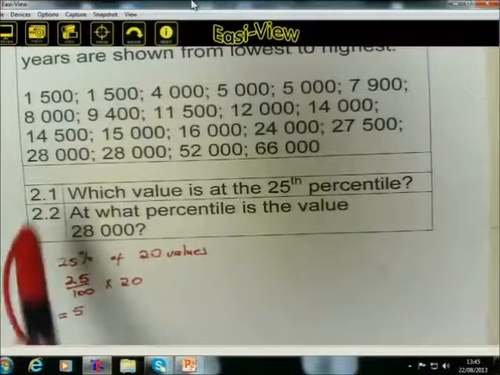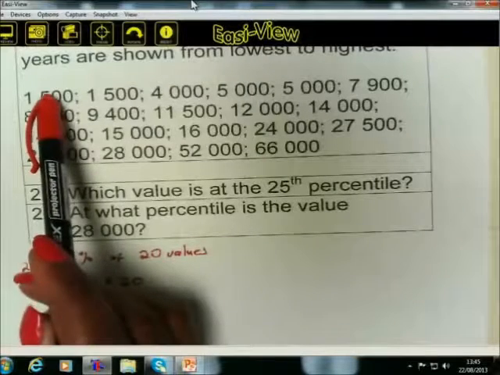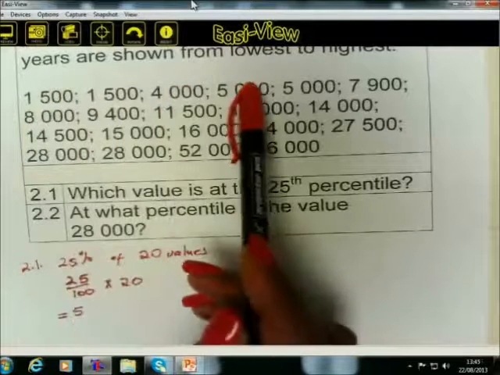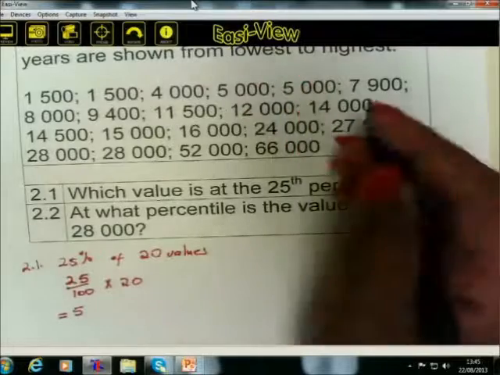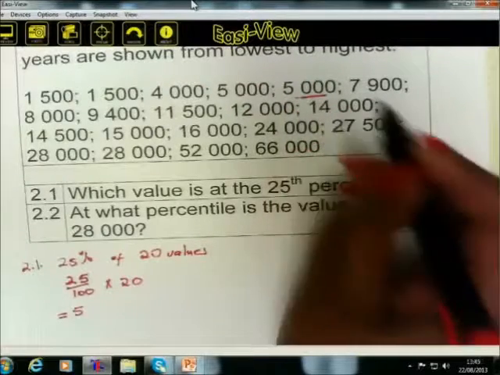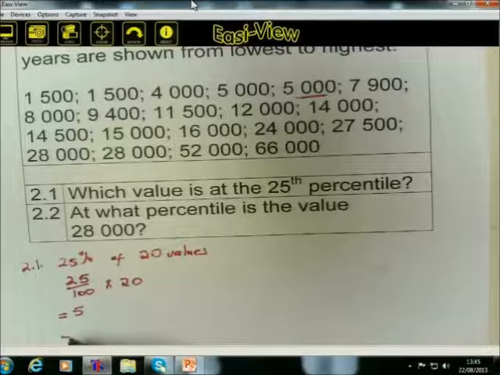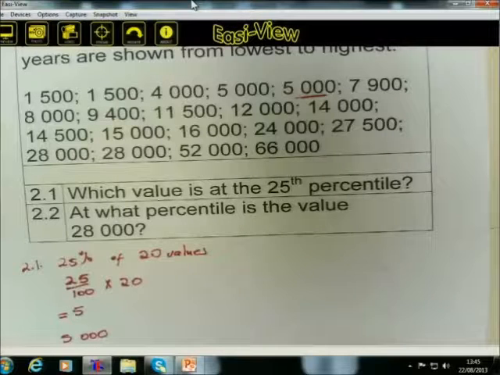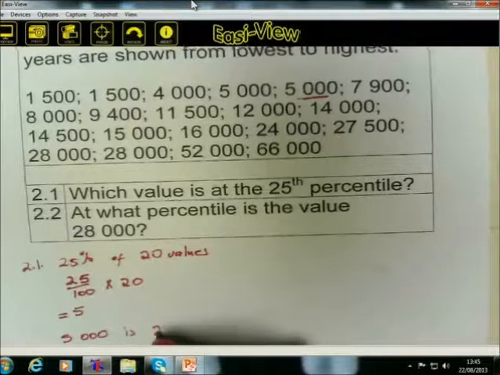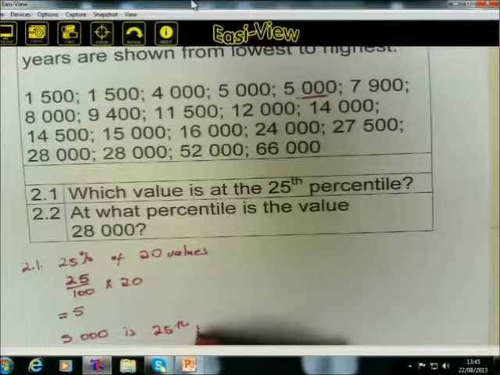What value is that? Let's go and check. 1, 2, 3, 4, 5. That is our first value, it means 5,000 is the value at the 21st percentile.